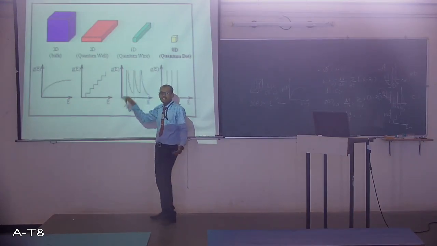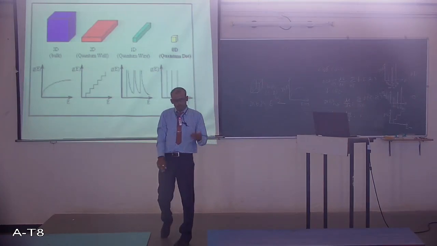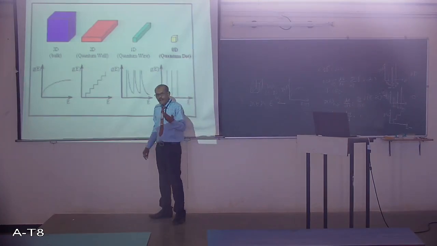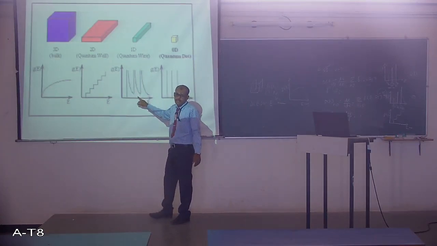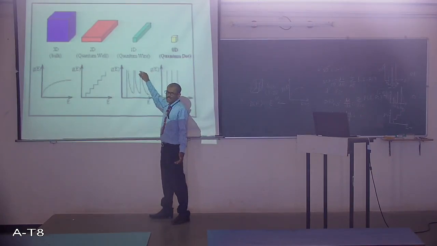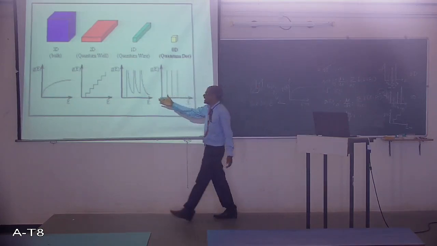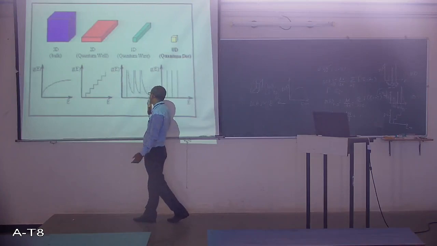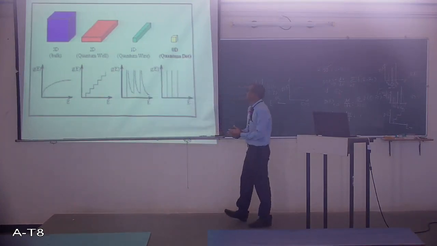The density of states means the number of available states. When the number of available states at E2 level is reached, then obviously after that again it decreases, it reaches the next higher energy level, the second excitation level, again the density of states increases, then decreases. This process is continuous. This is the behavior of the variation of density of states with the energy in the case of quantum wire.